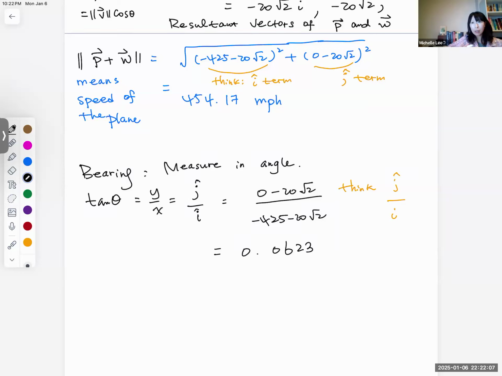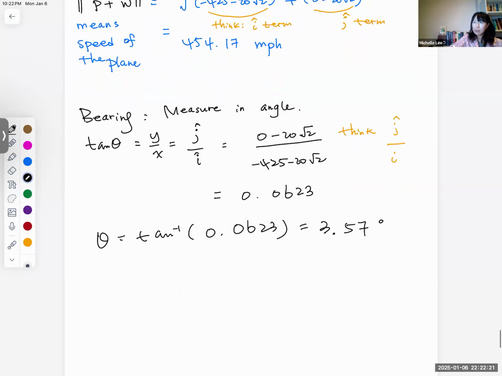How do we find the angle from the tangent? Angle theta equals inverse tangent of 0.0623, which is 3.57 degrees.